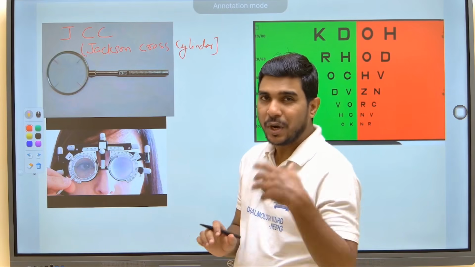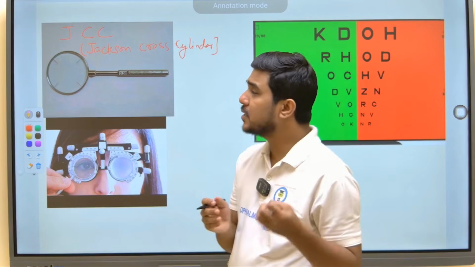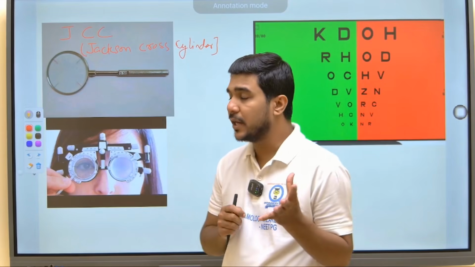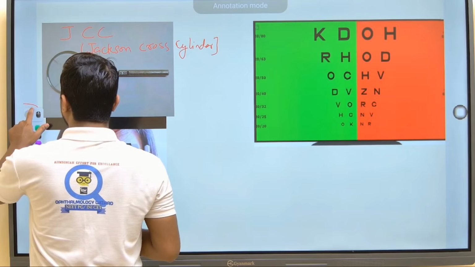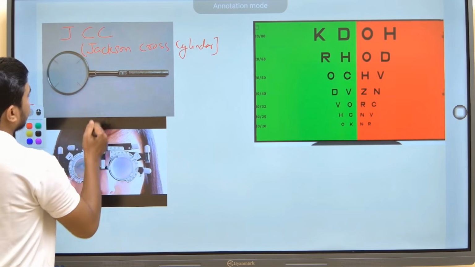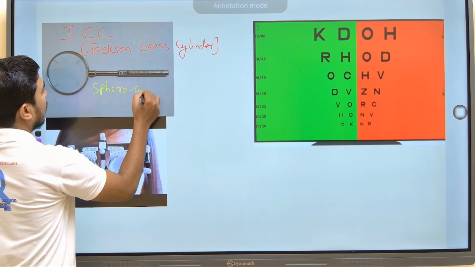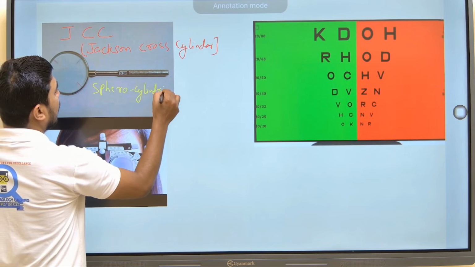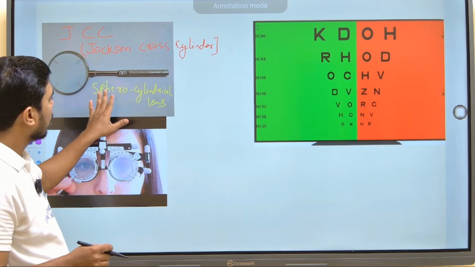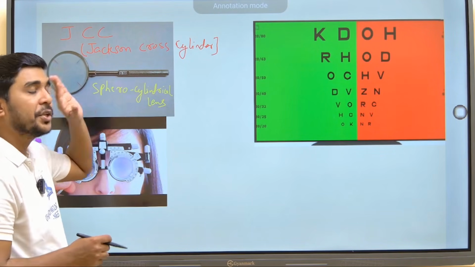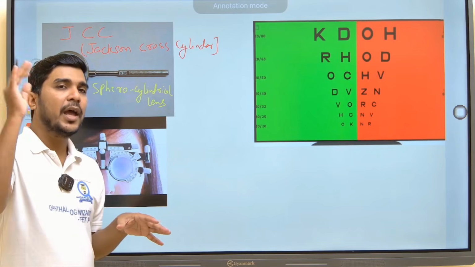Okay, so what is this Jackson cross cylinder? There are a few questions that can be asked on the Jackson cross cylinder, like what type of lenses is used here. The type of lens used here is a sphero-cylindrical lens. Sphero means there is a spherical power, cylindrical means there is a cylindrical power. This type of lens has both spherical power and cylindrical power.